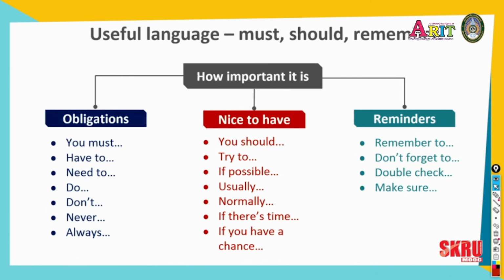Things that are nice to have that can make things better, you should. Try to. If possible. Usually. Normally. If there's time. If you have a chance. So it's recognizing the idea that we don't always in the real world have a chance to do everything.